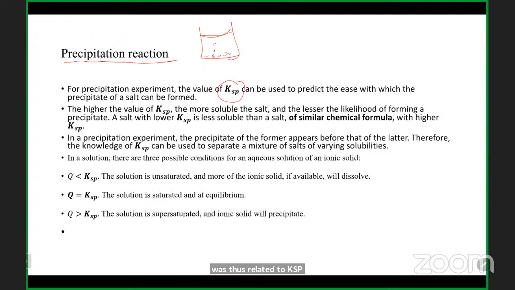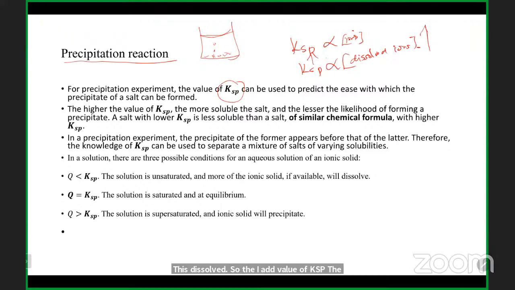The higher the value of KSP, the more soluble the salt is. KSP is directly proportional to the concentration of the dissolved ions. So the higher the value of KSP, the higher the concentration of dissolved ions.